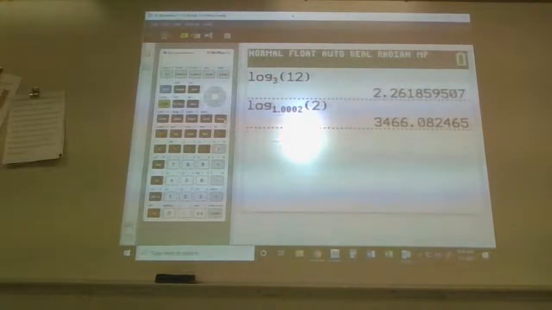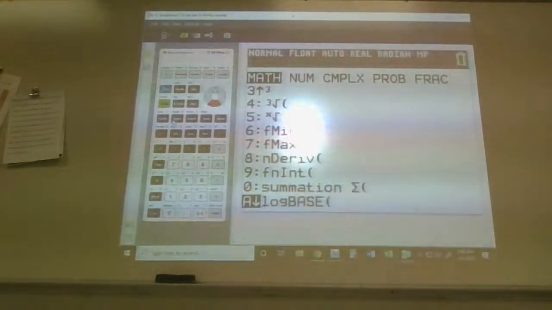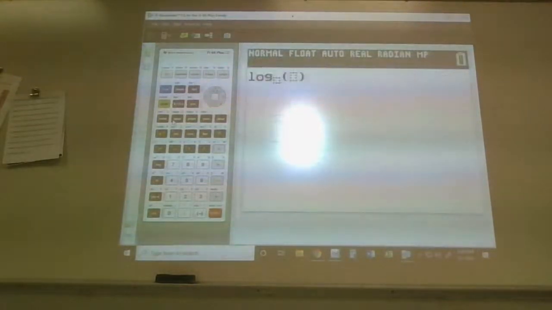I just want to show you where it is. First of all, you can hit Math. The Math button is on the left side. If you go down to option A, it's called log base. And with that log base function, you can type in the appropriate numbers.